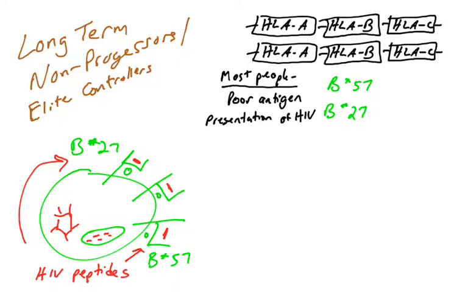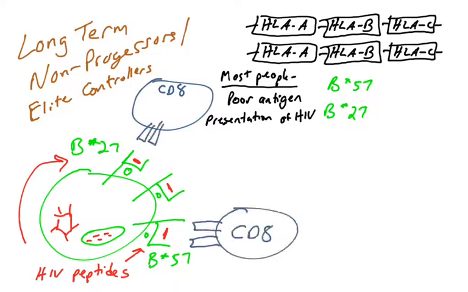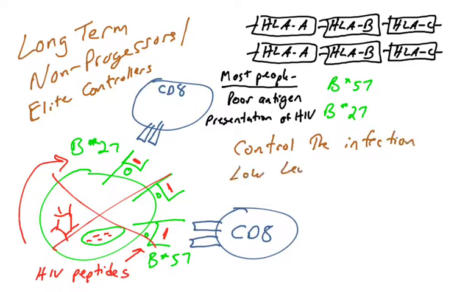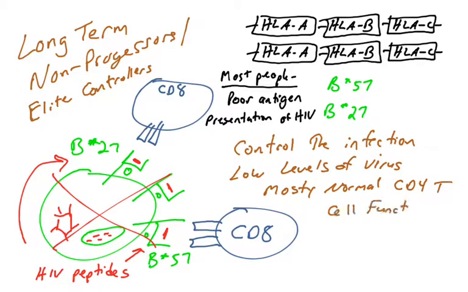So if an individual inherits one or both of these alleles, then they're presenting peptides to CD8 T cells, and those cells are killing virally infected cells. Do they kill all of them? They do not, but they kill a lot of them, so much so that they can control the infection.